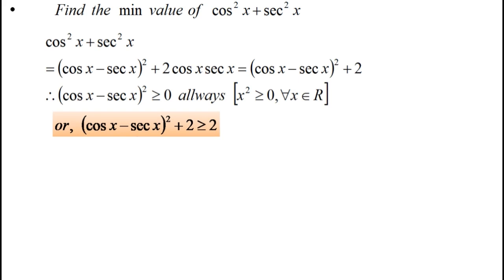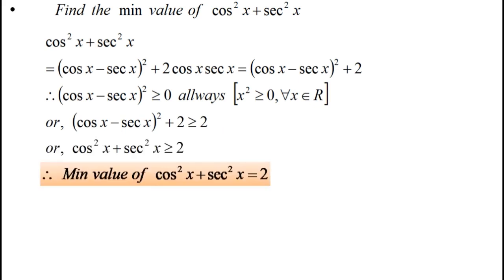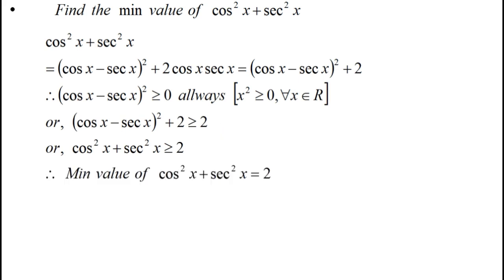Then we know cos x minus sec x whole square plus 2 is equal to cos square x plus sec square x. Then we get cos square x plus sec square x greater than or equal to 2. Then the minimum value of cos square x plus sec square x equals 2.